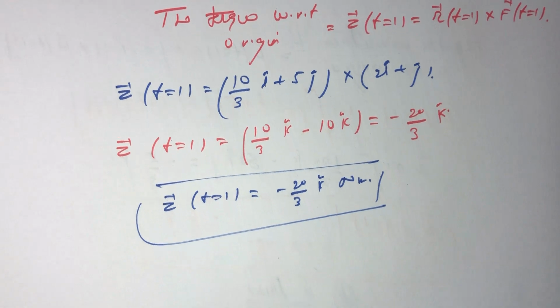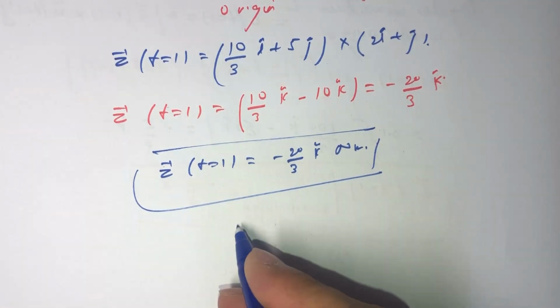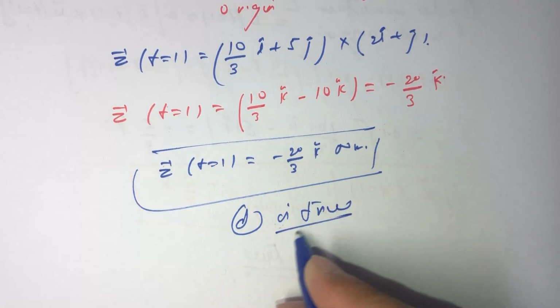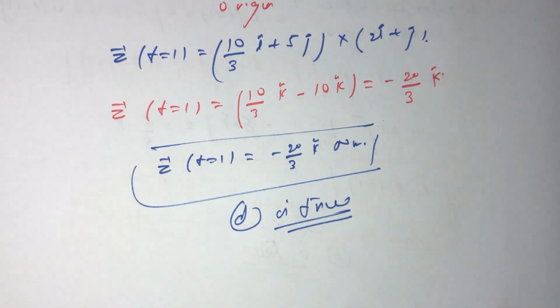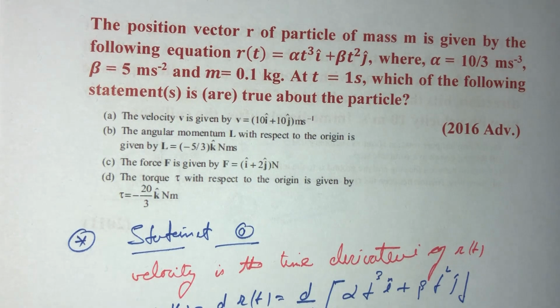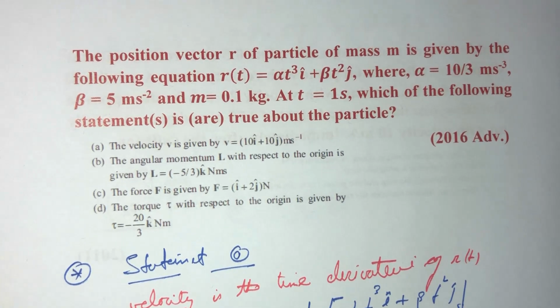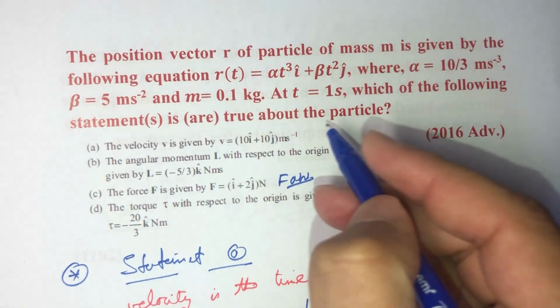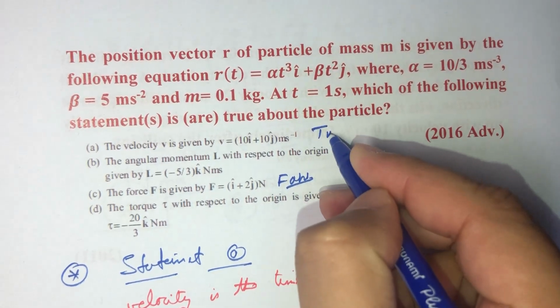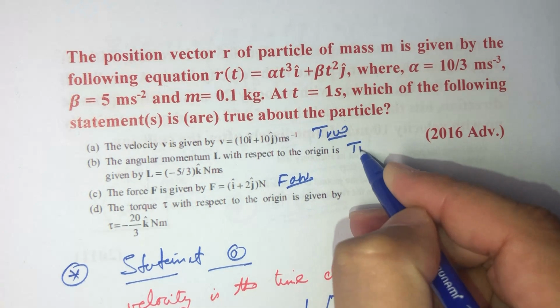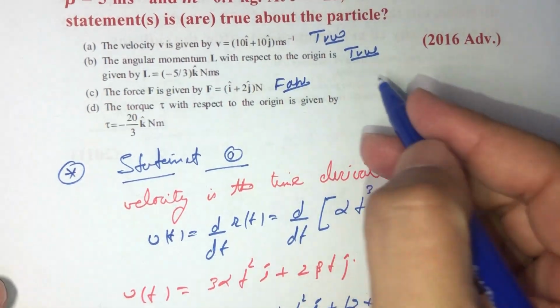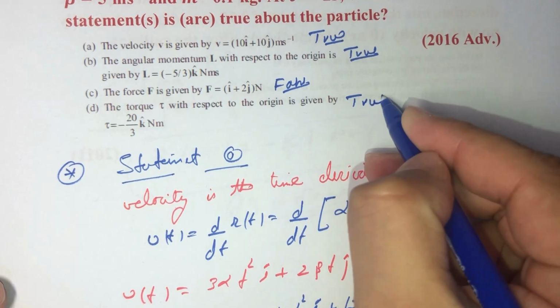So which is statement number D. So D is also true. So from all the options available to us, only statement C is false. So this is false, and the rest of the statements are true. A is true, B is true, C is false, whereas D is also true.